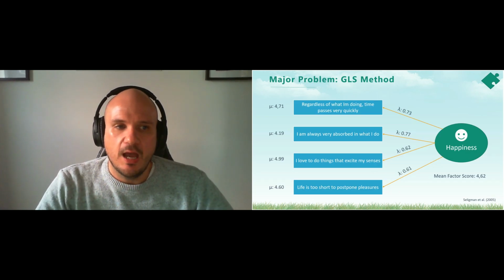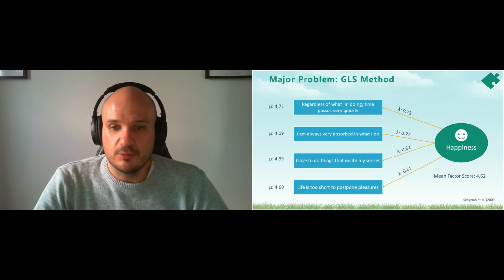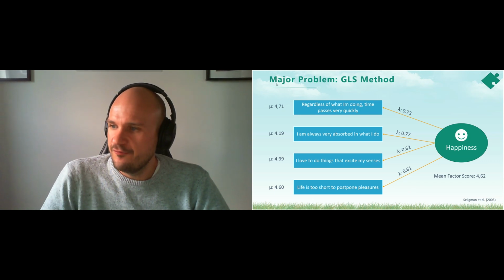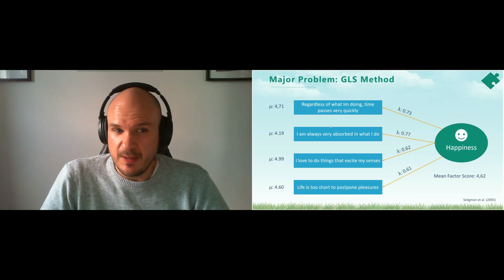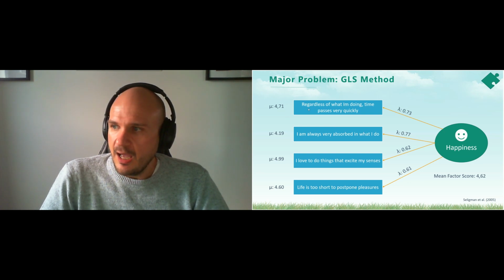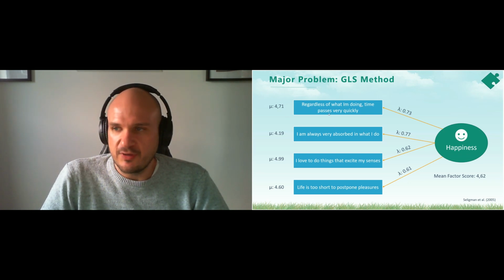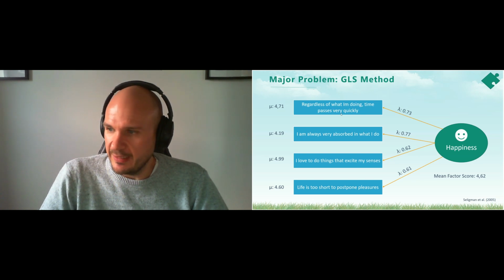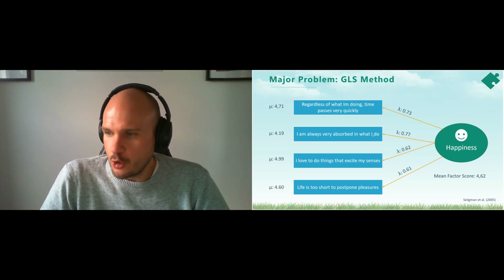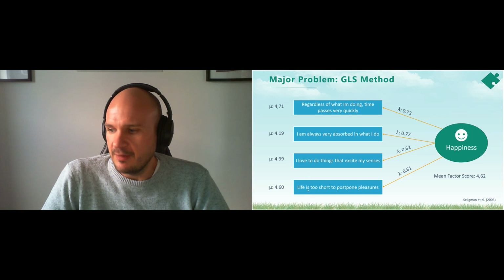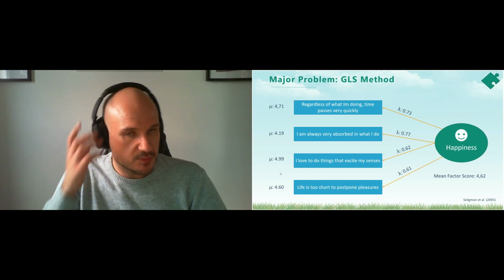This is how that would look in practice. We've got 4 items that we asked people on a scale of 1 to 5, 1 being the best and 5 being not. Regardless of what you are doing with your time, do you feel time passes by quickly? I'm always very absorbed in my work. I love what I'm doing, and my life is too short to postpone pleasures.